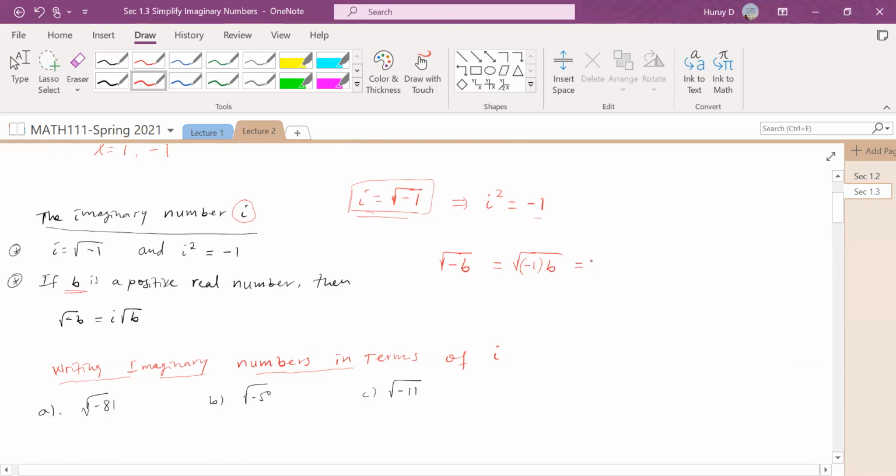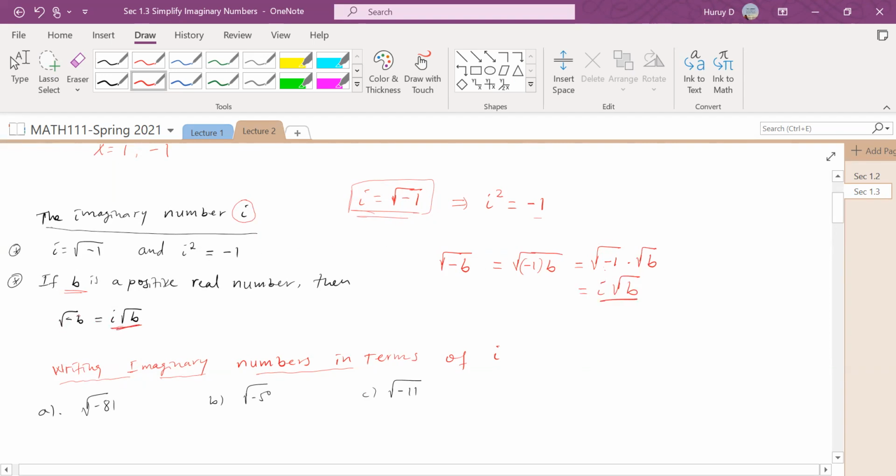And then I can write this as the square root of -1 times the square root of b. b is a real number, so I don't have any problem writing it this way. Now, what is this first term? Based on this definition, the first one is the square root of -1, which is i. If I replace it by i, I get i times the square root of b.